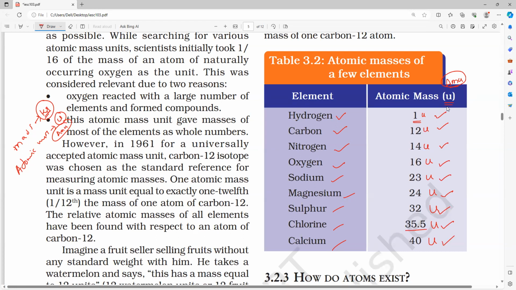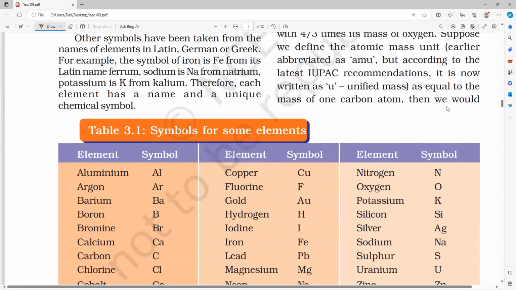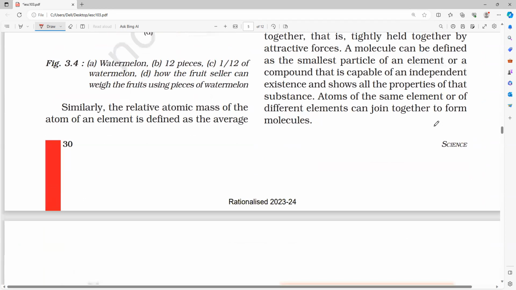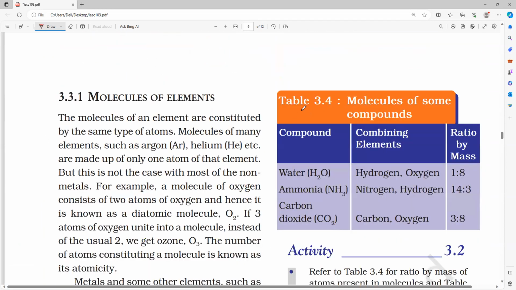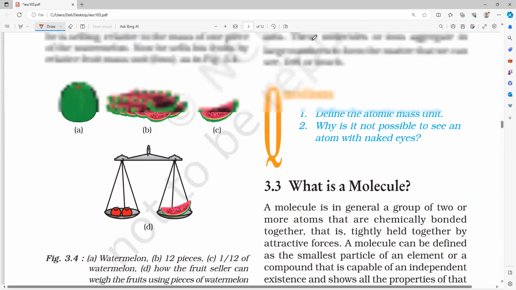Sir, why is this now? As I said, Mari asked in today's class, sir, how are you finding the ratio? We are going to find it. Like hydrogen, what is the ratio? Check it, everybody. Water ratio, how much? 1:8. Ammonia, 14:3. Carbon dioxide, 3:8. How are we getting this? We are going to get it from atomic mass only.